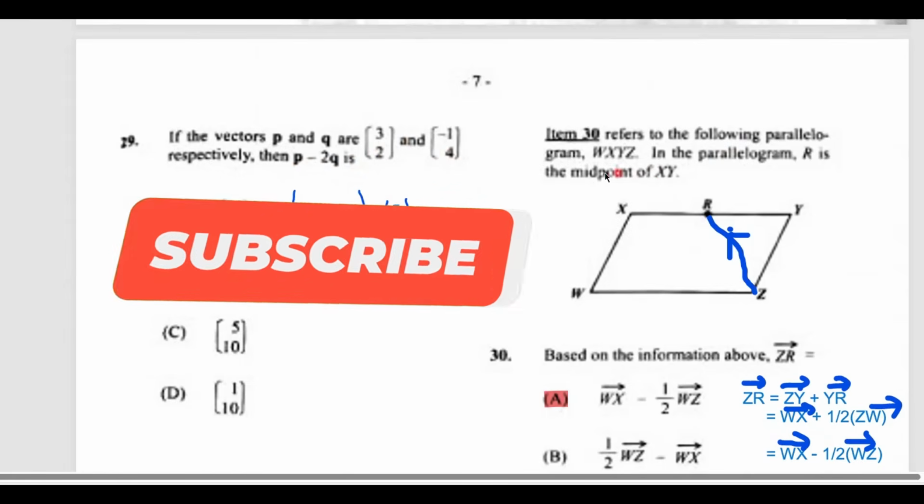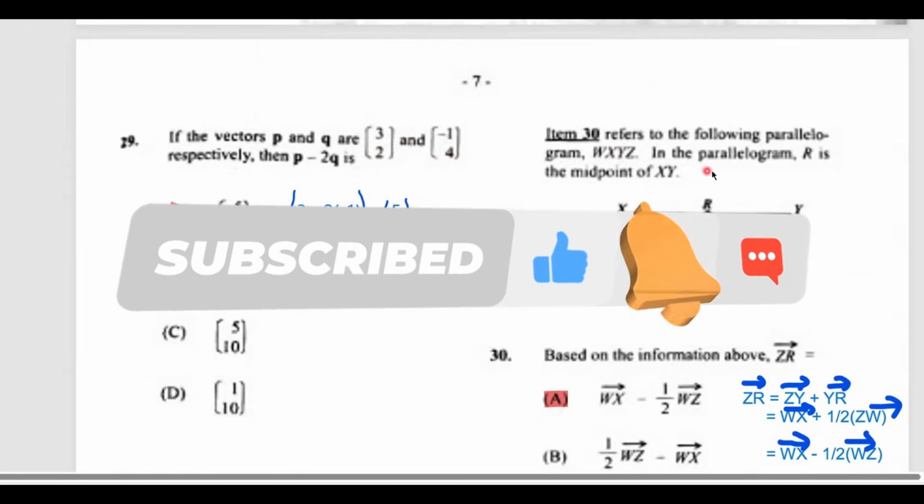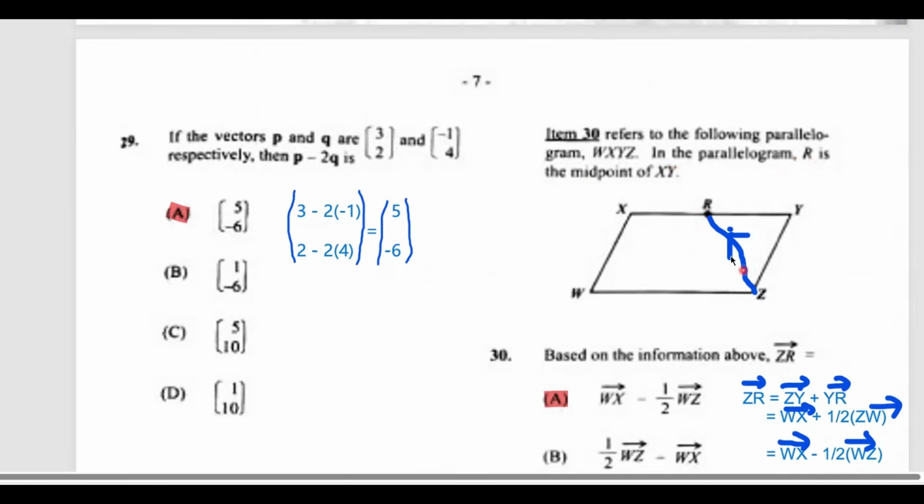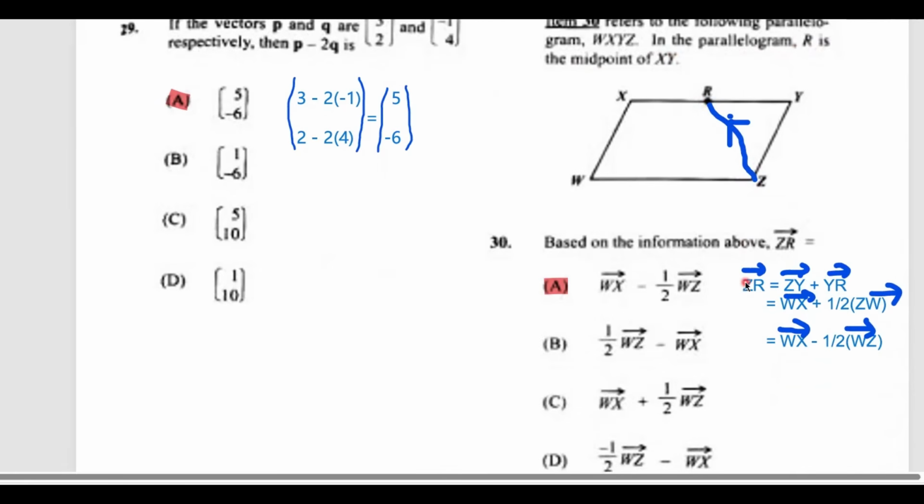Item 34. In parallelogram WXYZ, R is the midpoint of XY. You can see there, it wasn't the best drawing, but you know. Based on the information above, vector ZR is. So ZR is ZY plus YR. And what is ZY? ZY is parallel to WX. There's no answer here with ZY, so we have to interpret it otherwise. ZY is like WX.